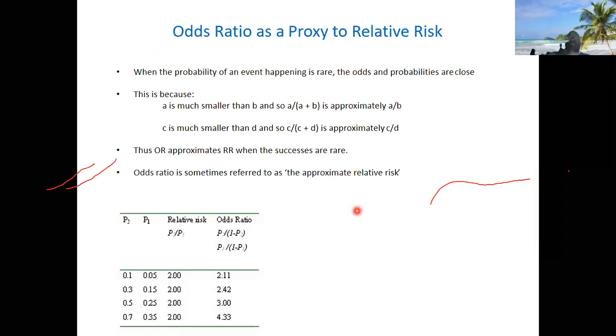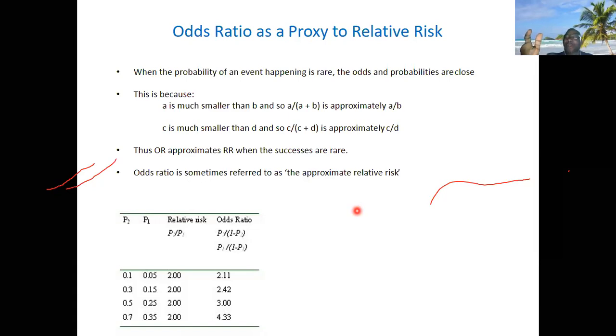When you invert the denominator, D will come up, C will go down. So you see the formula for relative risk becomes that of odds ratio when the disease is rare. That's how to prove it mathematically.